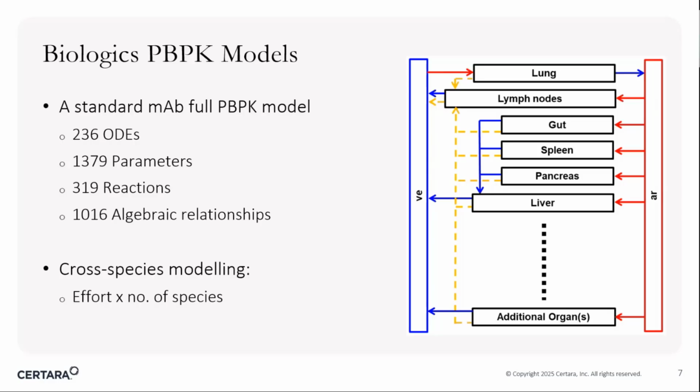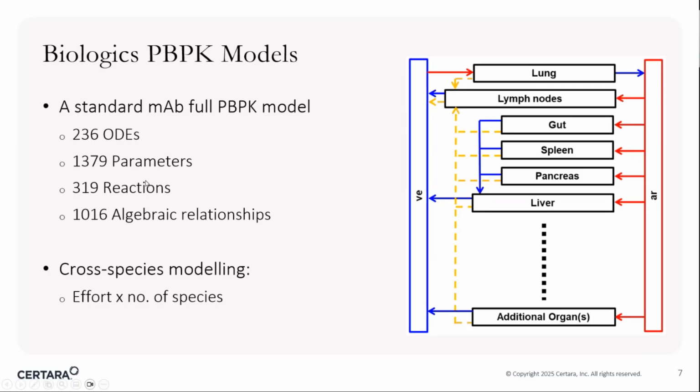just a plain mAb model. You will end up with 236 ODEs and more than 1,300 parameters and more than 1,000 algebraic relationships, in addition to 300 plus reactions. So you can imagine how complex building that model can be from scratch, or building it manually through coding.